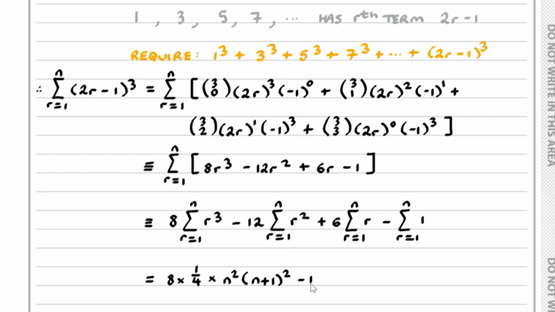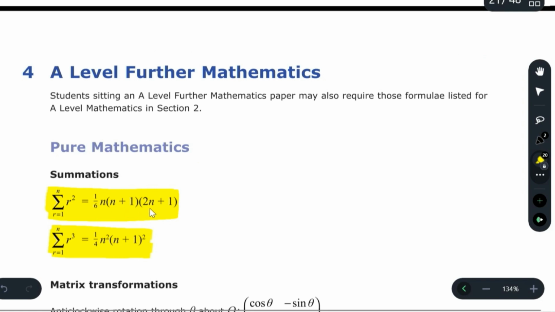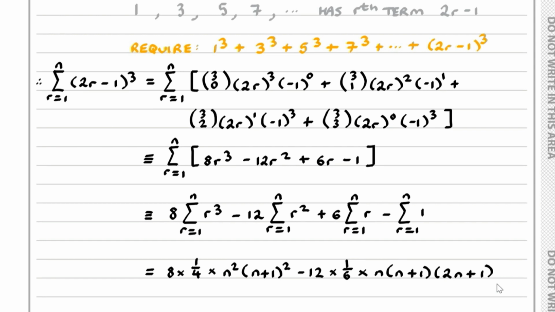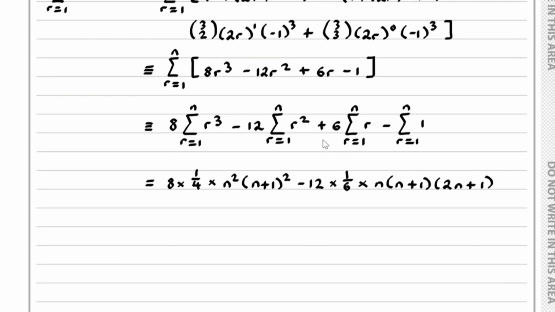Then we've got minus 12 multiplied by the sum of r squareds, that's 1/6 n lots of (n plus 1) lots of (2n plus 1). And then we add on 6 lots of the sum of r's. Well, that's 6 lots of a half times n lots of (n plus 1). And then we subtract off the sum from r equals 1 to r equals n of 1. We subtract n.